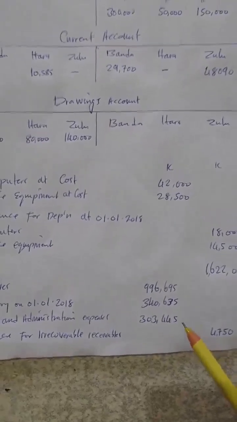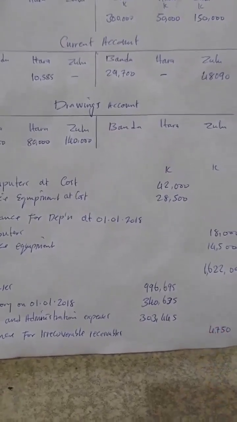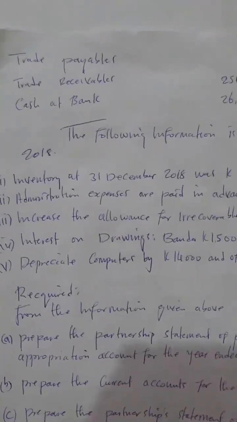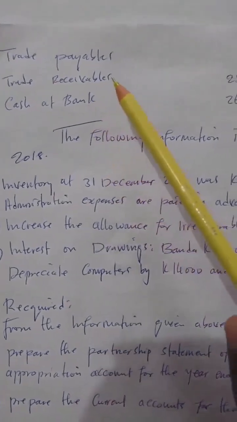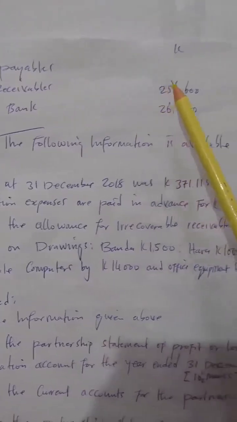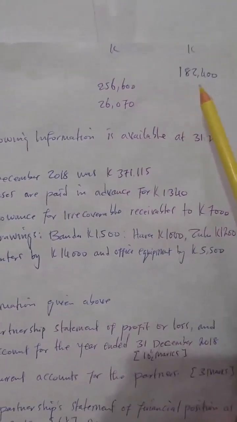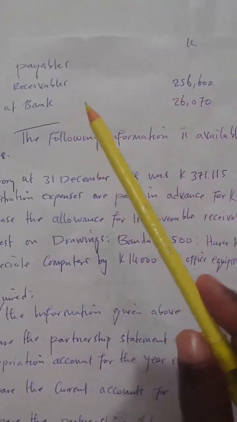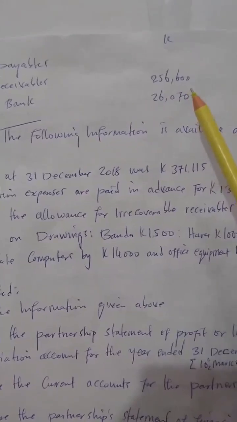All right, let's read more with the information that is available. Okay, so the trade payables, we have 192,400. And receivables, we have 256,600.